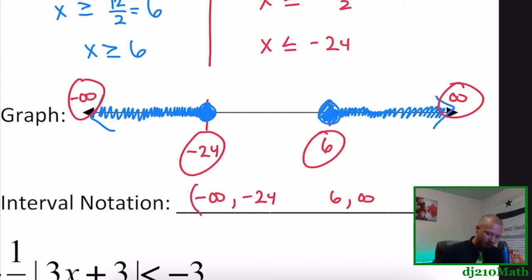Parentheses always get put on the infinity symbol, both negative and positive infinity. And then negative 24 and 6 will get brackets because it's a closed circle. And then because we have 2 separate pieces, we union them together. You might have to watch that a couple times so you can get some practice on that.